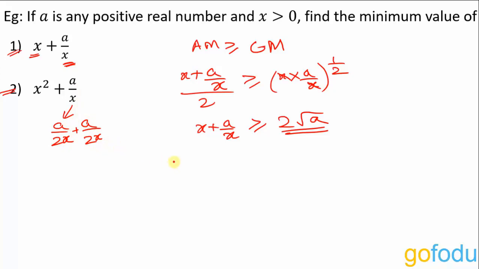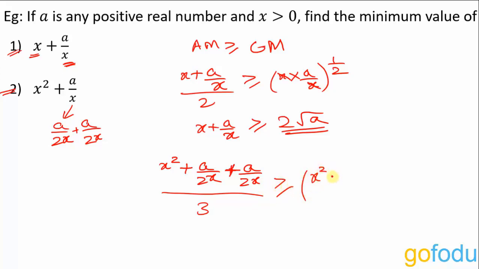So for AM, we will have the sum of three terms, that is x square plus a upon 2x plus a upon 2x. This is the required value for our second part. And AM is what? The sum of these three terms upon 3, which will be greater than or equal to GM, that is (x square into a upon 2x into a upon 2x) whole raised to 1 by 3.